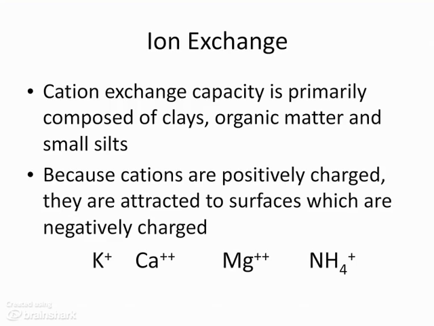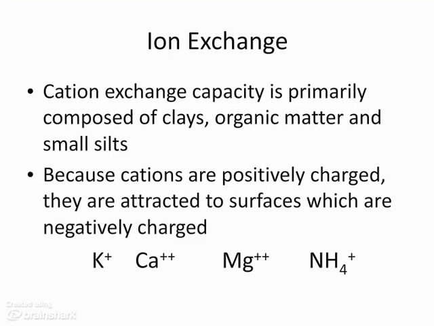I'll be covering material that you learned in introductory soils and introductory chemistry classes today. This is basically a review. Cation exchange capacity is primarily composed of clays, organic matter, and the small silts. Generally, the more clay and the more organic matter a soil has, the more cation exchange capacity it has.